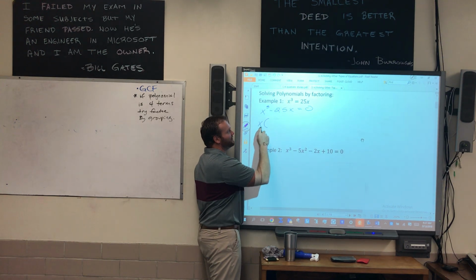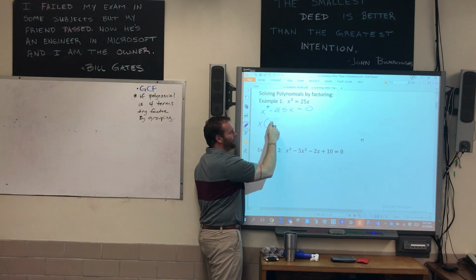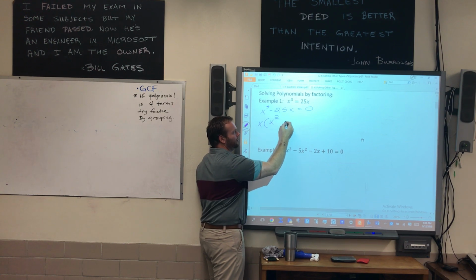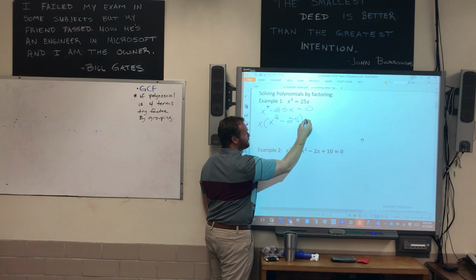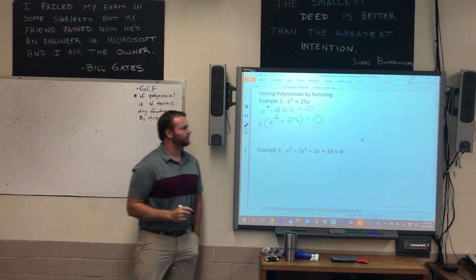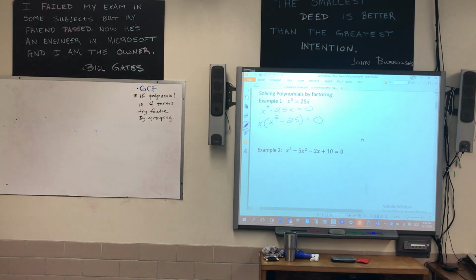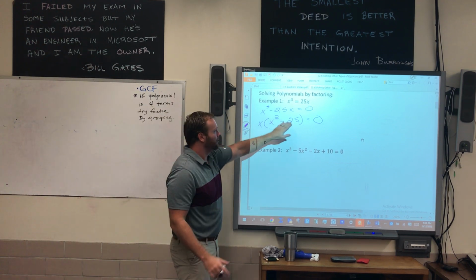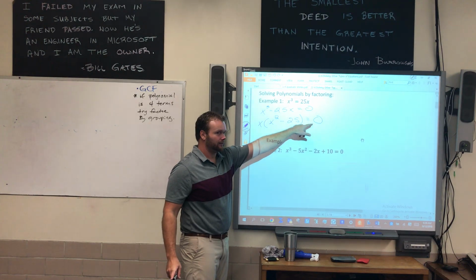So if I factor an x out of x cubed, I'm left with x squared minus 25, times x, equals 0. And now I still have two factors there. Just like all other factoring, we have two amounts that when I multiply them together, I should get the product of 0, correct?